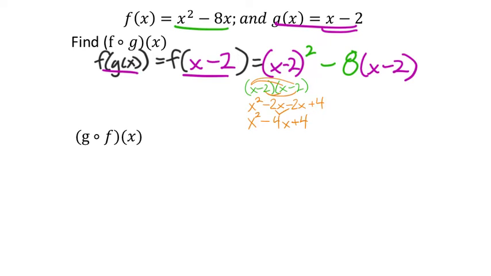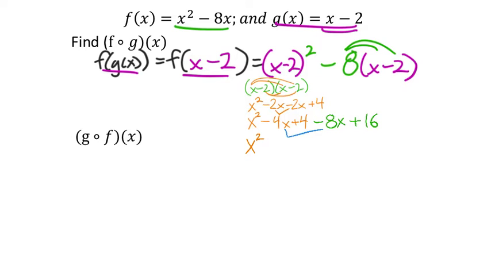Then I can look to distribute that negative 8 over this next part. So that'd be negative 8 times x, which is negative 8x, and then negative 8 times negative 2, which is positive 16. Now that we have all this fairly simplified, we can finish simplifying. Of course, the x squared remains. No other like terms to combine there.